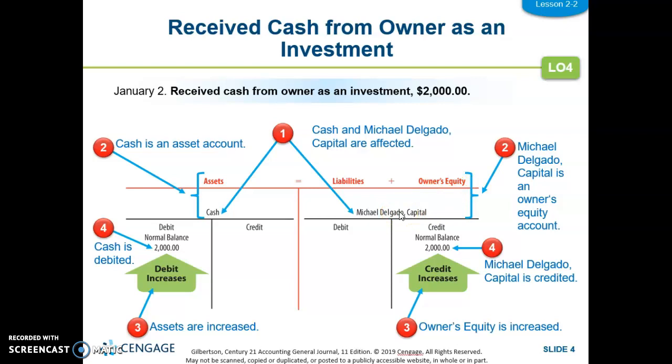Assets increase on the debit side, therefore the debit is going to be for an asset, for cash. Owner's equity accounts increase on the credit side, therefore credit the owner's equity account for the capital. You need to have a debit and a credit for every single transaction.